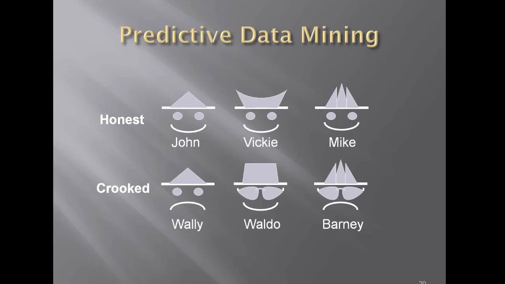Now let's take a look at predictive data mining. This is what we have in our database. This is what we know. We know that John, Vicky, and Mike are honest people. We know that Wally, Waldo, and Barney are crooked people.